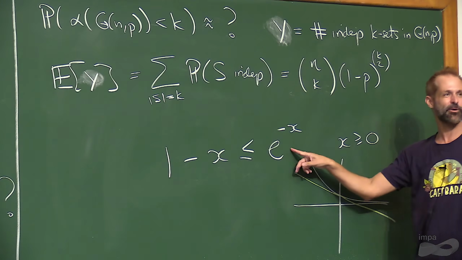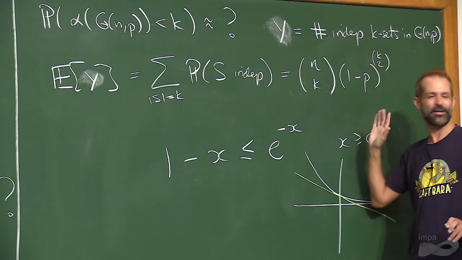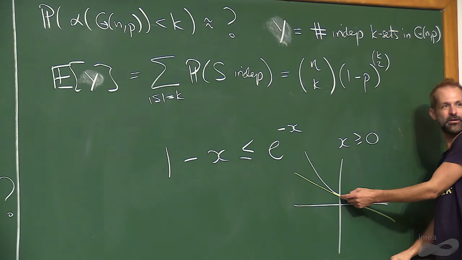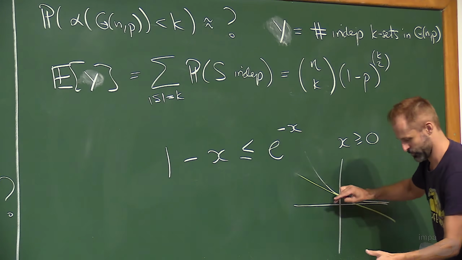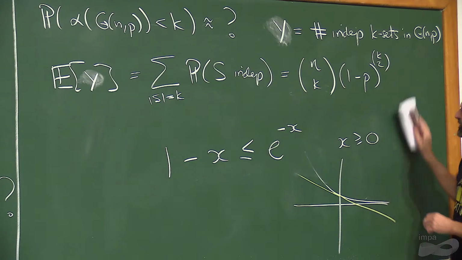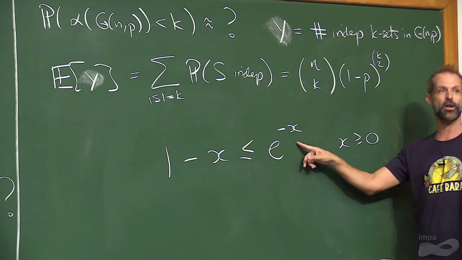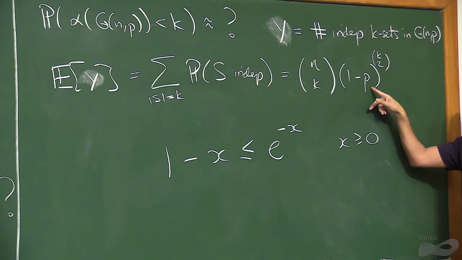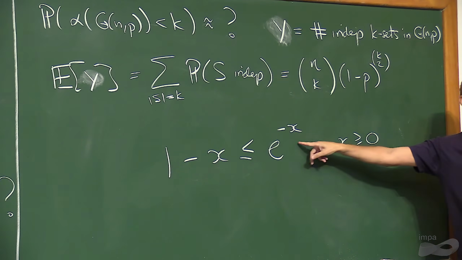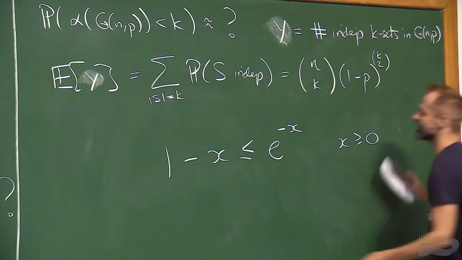If you expand this out, you get 1 minus x plus big O of x squared. So close to 0, this is a very good approximation, with quadratic error. This is a very useful inequality for evaluating things like this. Whenever in combinatorics you see something like this, and the p is small, then you should approximate it like this. So what do we get?